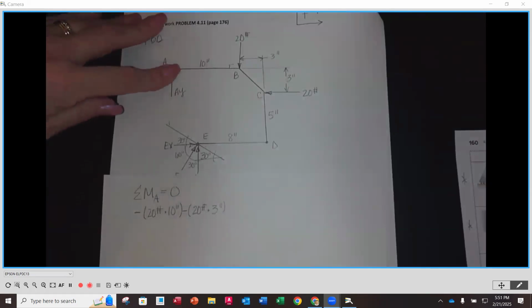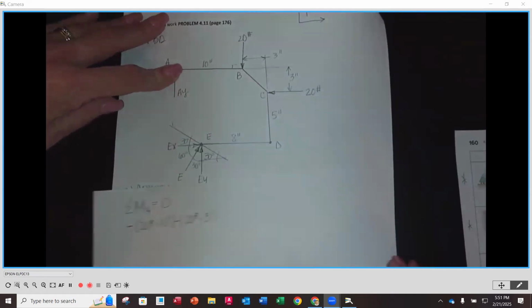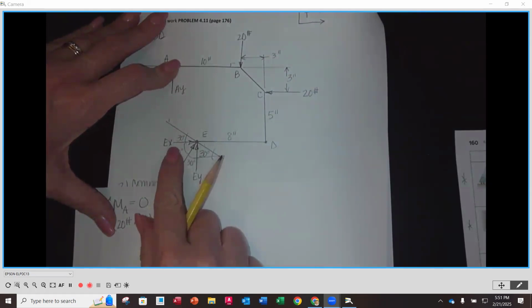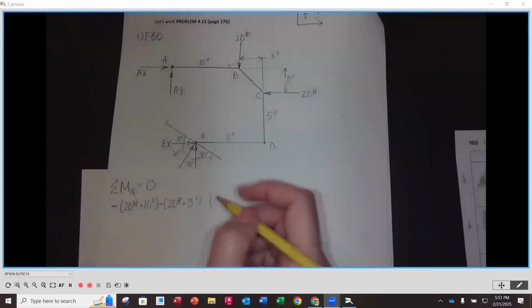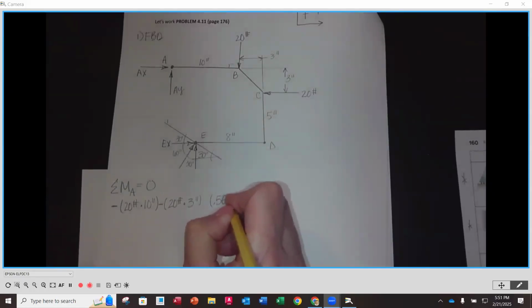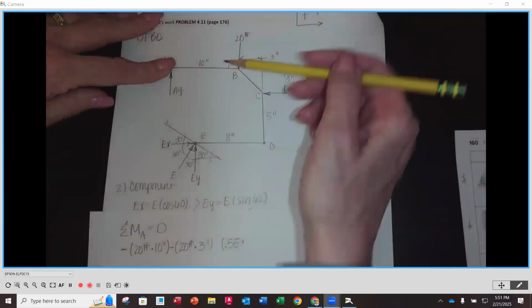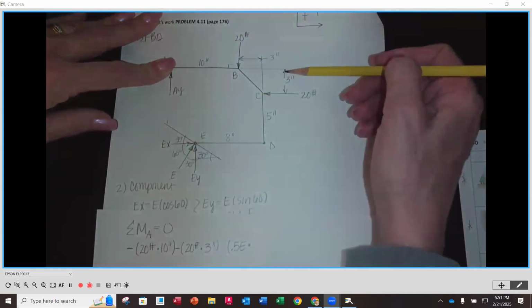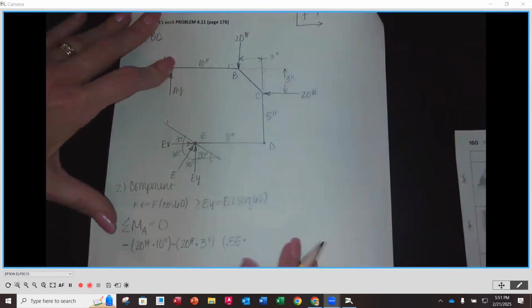The next one, I'm going to do my EX. EX is going to cause a rotation, and it looks like that one's going counterclockwise. Now, EX, we know, is 0.5 E. So we're going to put it in terms of its hypotenuse. So this is going to be 0.5 E times perpendicular distance. So it's the distance from here all the way down. If we look, that's going to be a total of 8 inches. 3 plus 5 is 8.